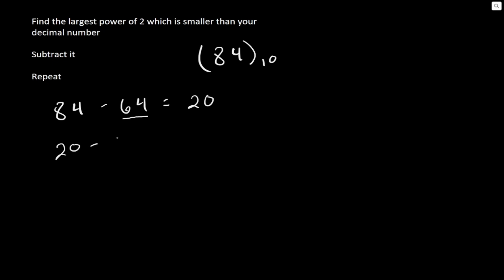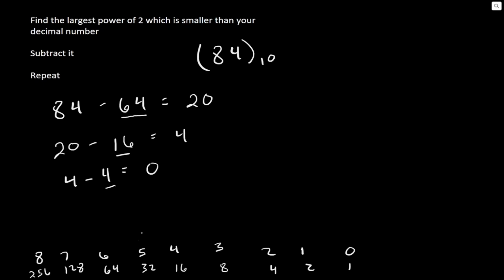The largest power of 2 that's smaller than 20 is 16. That equals 4. And then the largest power of 2, I shouldn't say smaller than, say smaller than or equal to 4 is 4. 4 minus 4 equals 0. So the 64, the 16, and the 4 are important. So you're going to have 3 digits in your binary number that are a value of 1. In other words, they're on.